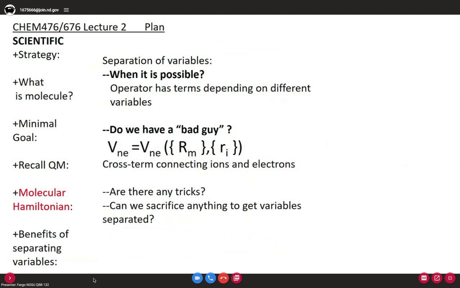But from a mathematical point of view, one could separate variables, right? So in a universe without Coulomb attraction between positive and negative charges, separation of variables will be legitimate. And we can immediately simplify the molecular Schrodinger equation.